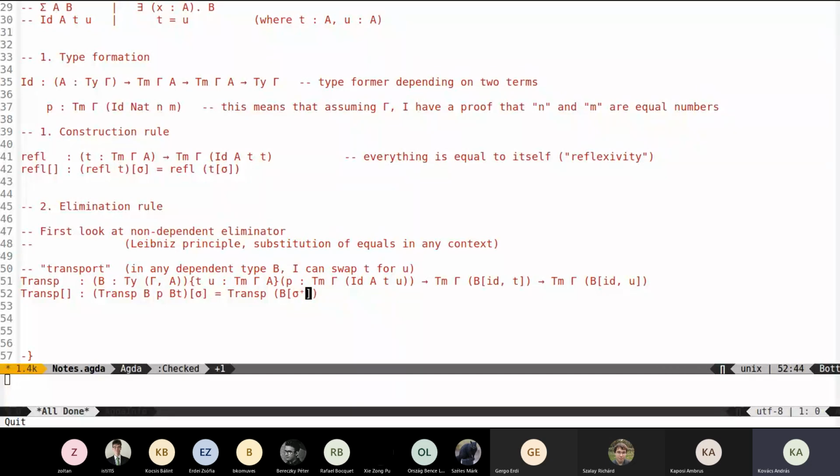So basically, you can review this from the previous seminar. Here I have to use this lifting operation on substitutions, and the other parts are simple.